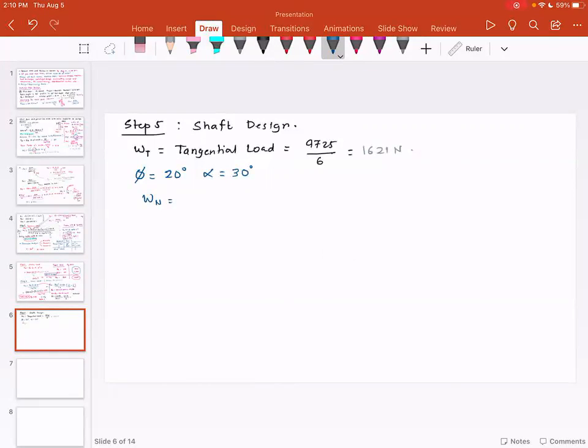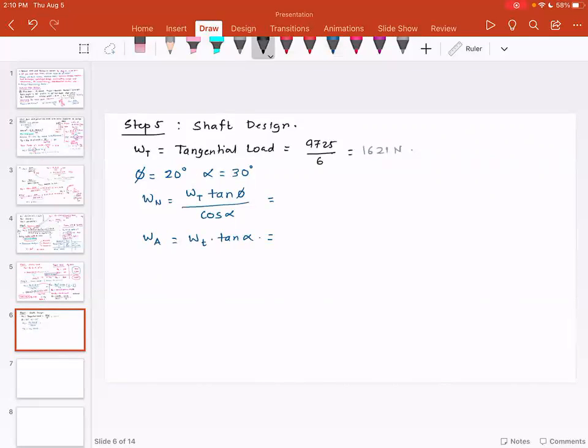If you look at the force diagram, Wn is given as Wt tan of phi divided by cosine alpha. And Wa is given as Wt tan of alpha.